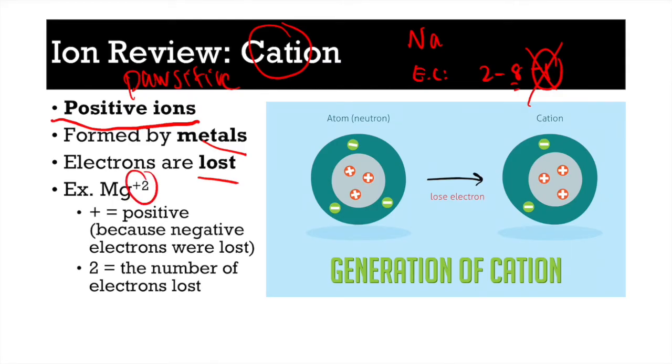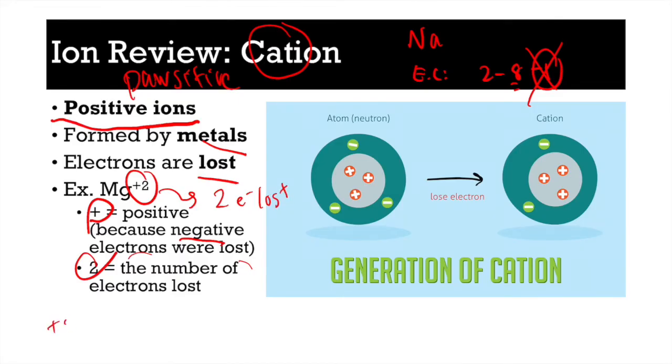If we look at this 2 plus sign, this tells us a lot. The positive means electrons are lost. Remember, electrons are negative. If you lose these negative things, you become more positive. And the number tells you the actual number of electrons lost. So if you have plus 2, that means 2 electrons were lost.